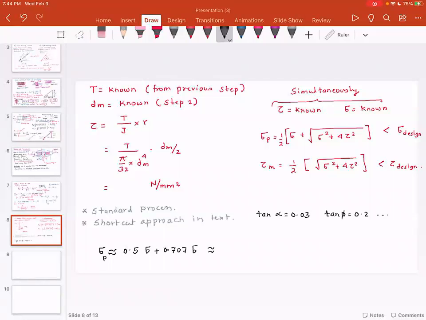And this expression is approximately 1.25 times P divided by A. So if you refer the textbook, you will observe that the textbook approach is slightly different, and then they use this particular equation to find out the principal stress. However, I would recommend not to use this approach. So do not use this approach.